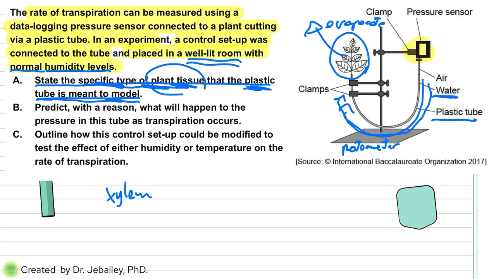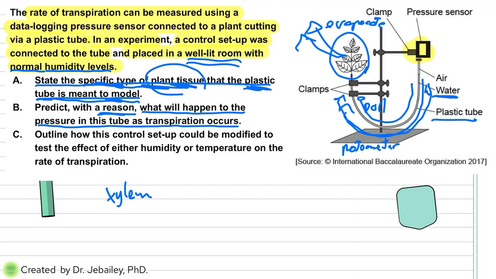So B, predict with reason what will happen to the pressure in this tube as transpiration occurs. Since water is leaving, this will cause some kind of pull, in which the pressure here is going to pull it this way, causing a low pressure, and thus here having more pressure.